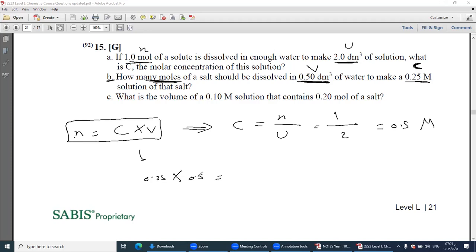It is equal to 0.125. We can round 0.125 to 0.13 moles.